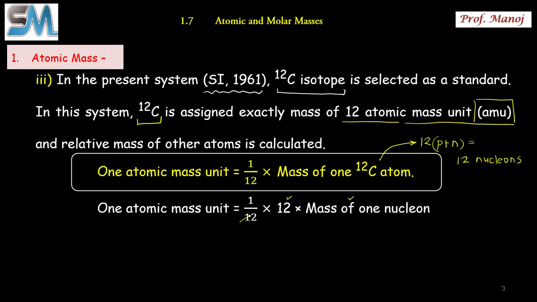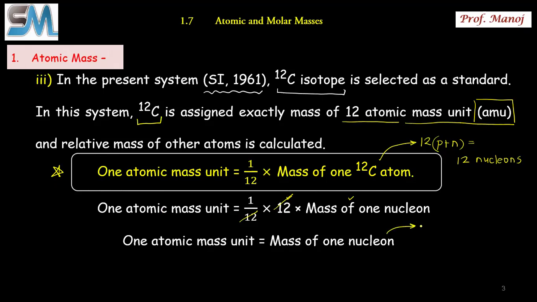Simple mathematics will tell you this 12 and this 12 cancel. So what you get is 1 AMU as the mass of 1 nucleon. The original definition was based on carbon, but now an easier definition is simply the mass of 1 nucleon, which could be a proton or a neutron.